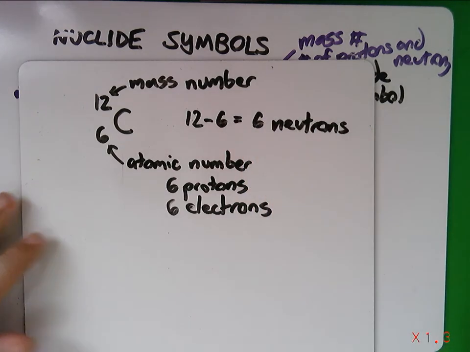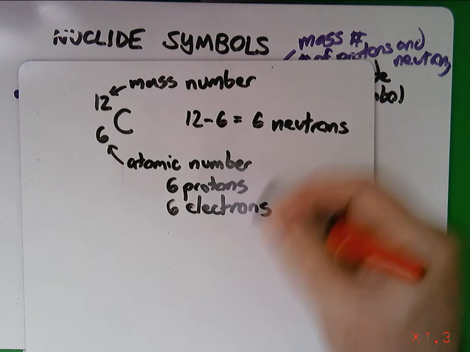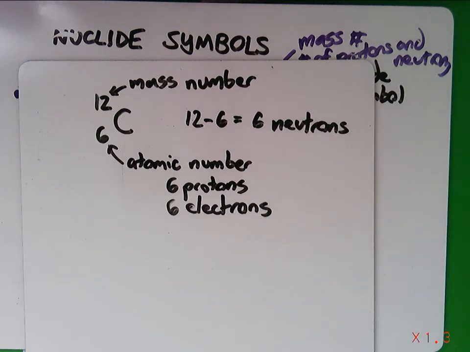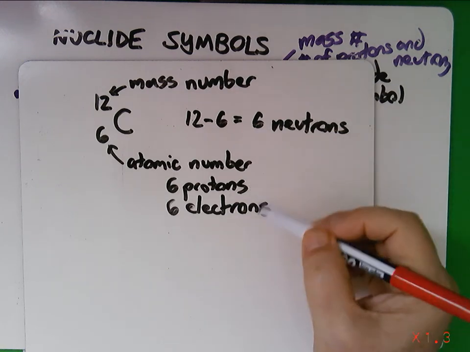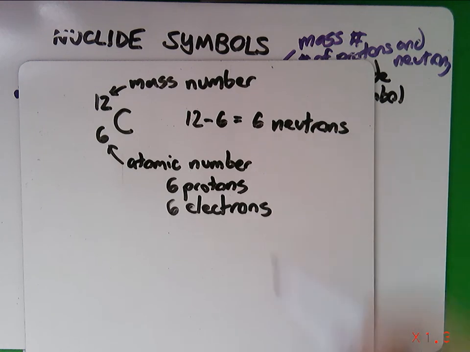So I want you to be able to go both ways. If I give you a count on how many protons, electrons, and neutrons you've got, I want you to be able to write down a nuclide symbol. And if you go the other way, from a nuclide symbol, you should be able to count how many neutrons, protons, and electrons. Now, are these two always equal?